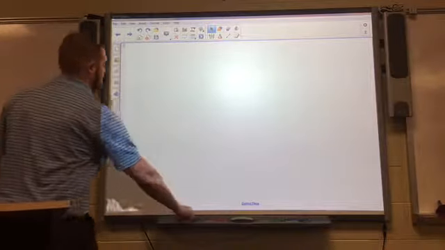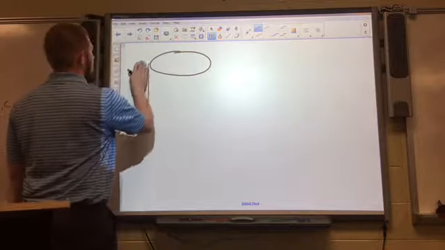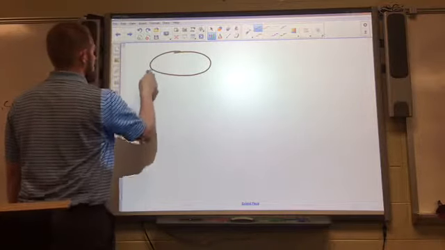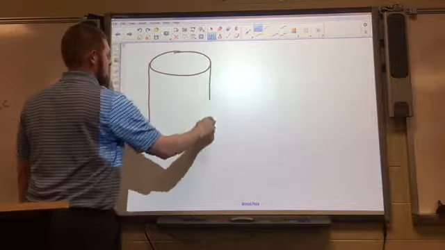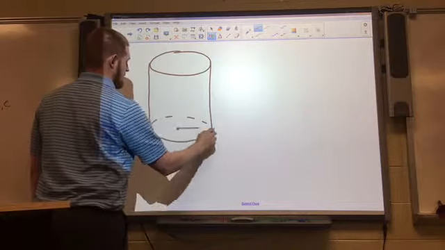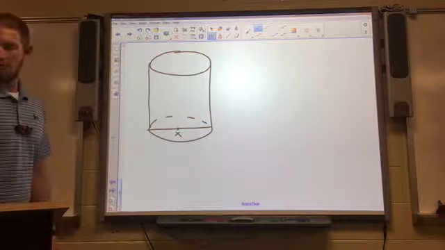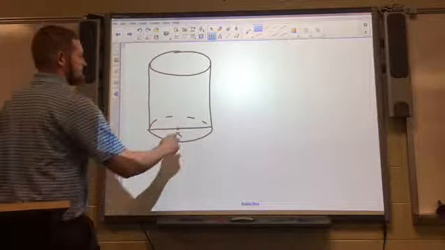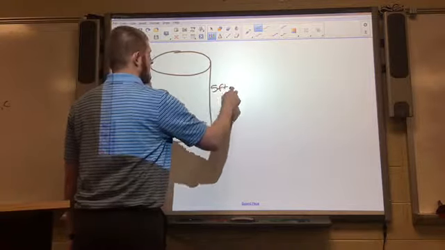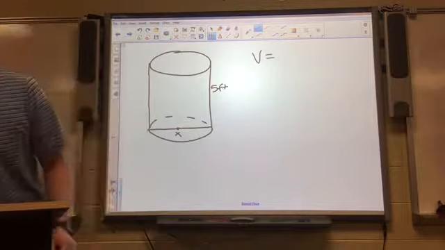The last one I want to do one with cylinders because we haven't done any of those yet. Actually, they tell me that the diameter is x, the height is 5 feet, and the volume, I believe, is 277.